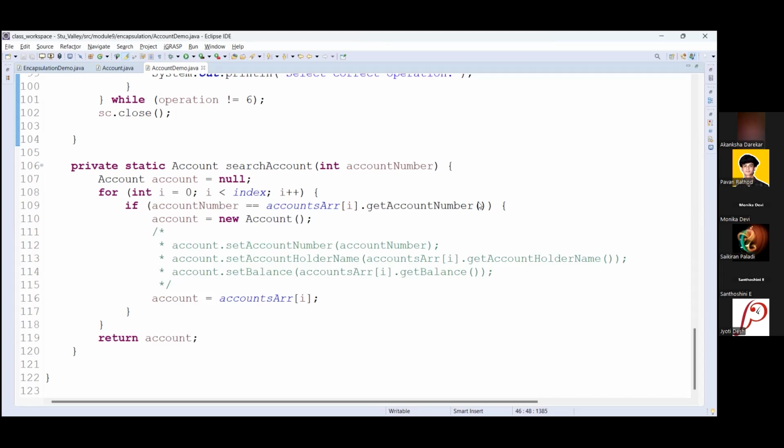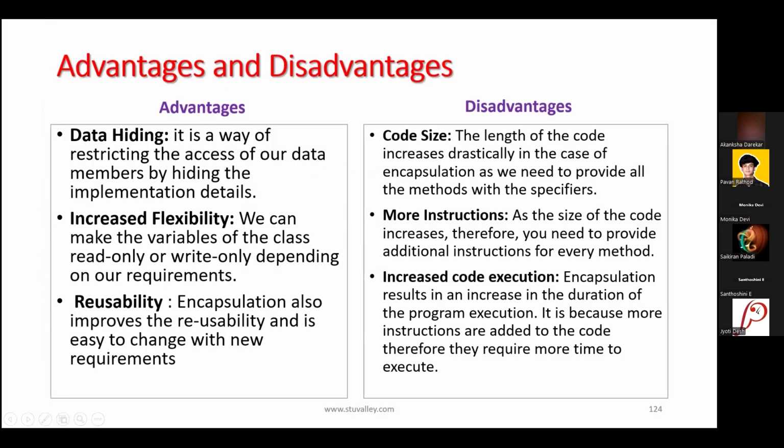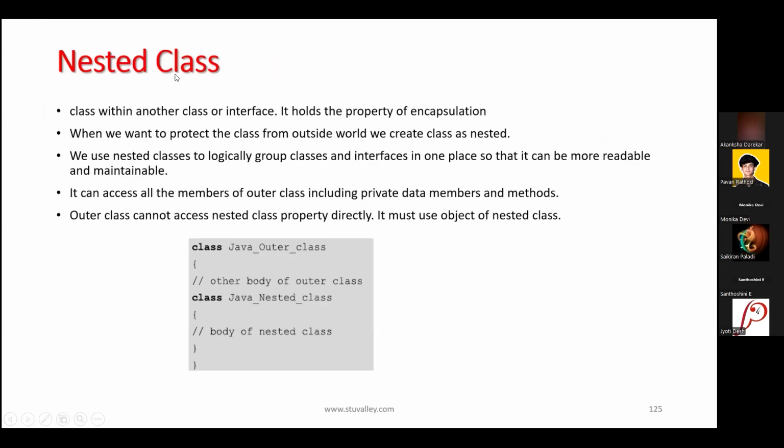Okay, so the next topic is, we have completed your encapsulation part and we have completed one small project also for account details. Next is nested class. As I said, we can write a class inside another class or an interface. It holds the property of encapsulation.